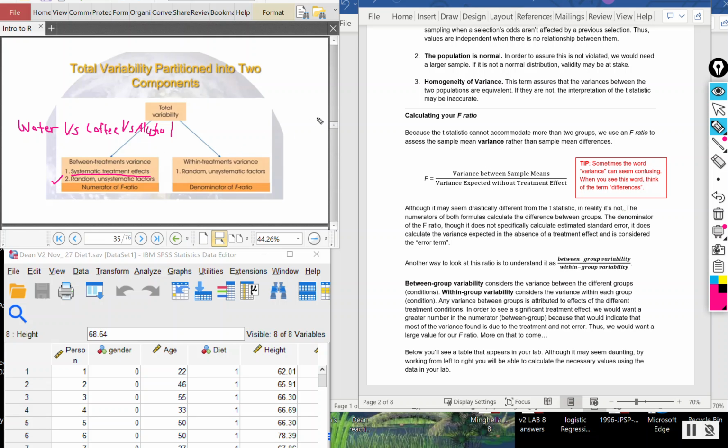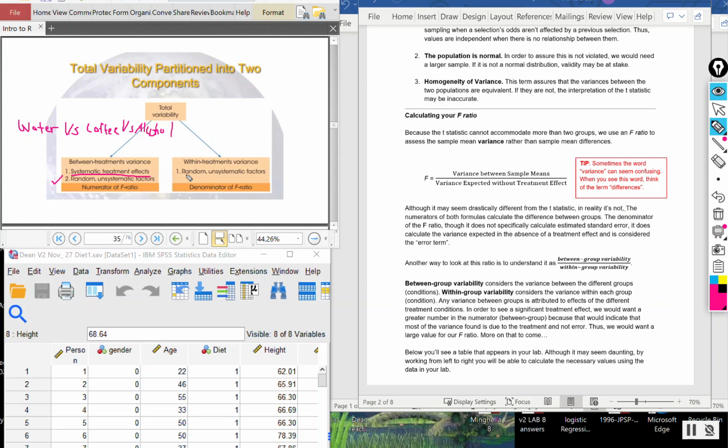Just error that we don't anticipate. It's white noise. It's just something that happens. There's never going to be a perfect situation where we can control all factors in the experiment. There's going to be random error. And that goes on the top of this F ratio that we will be looking at a little bit later.